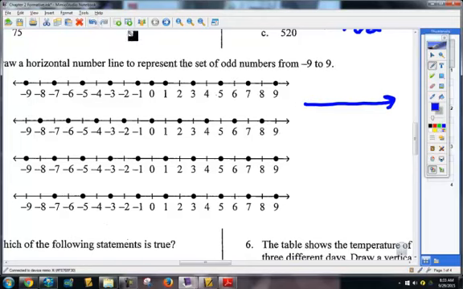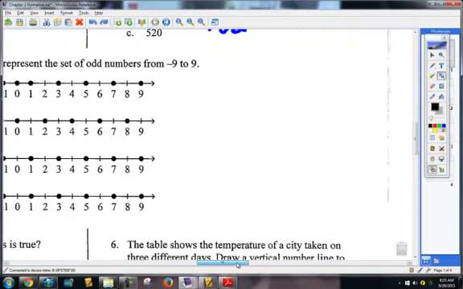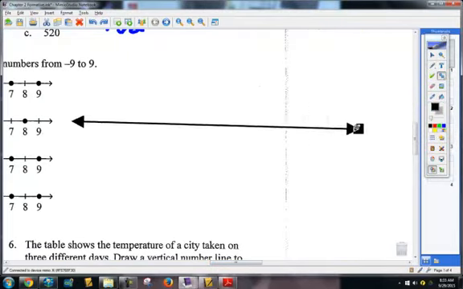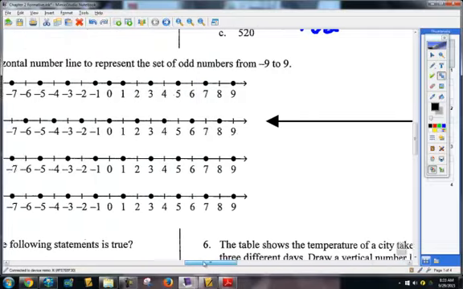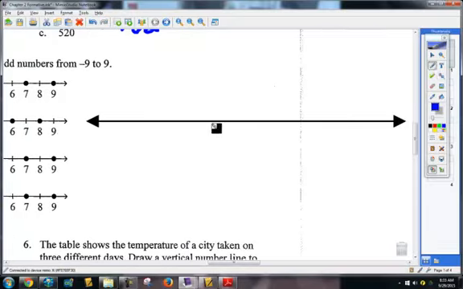Here, let me draw it a little bigger. I'll show you. We would have done this. Oh boy. Hang on. Okay, we would have shown the set of odd numbers from -9 to 9. We would have started at -9, then we'd have gone -7, -5.